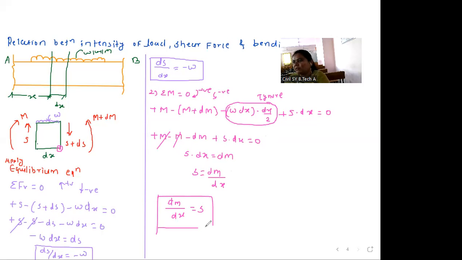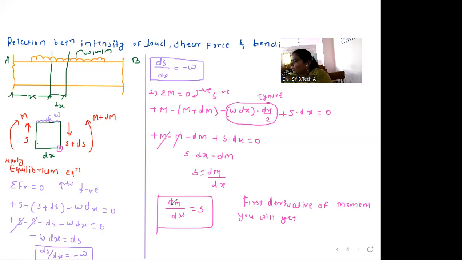Now I will explain what it says. The first derivative of moment gives you the value of shear force.